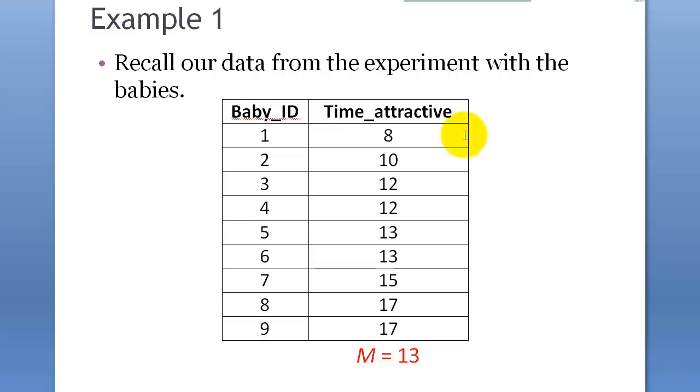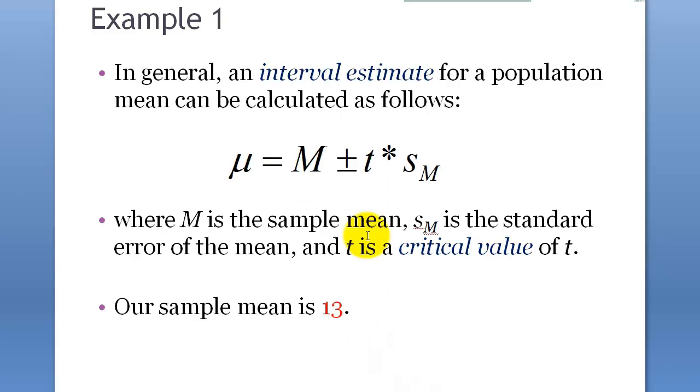And this is the data, and the mean seconds the babies look at the attractive face was 13. Remember that. And we'd like to know what the population mean would be.